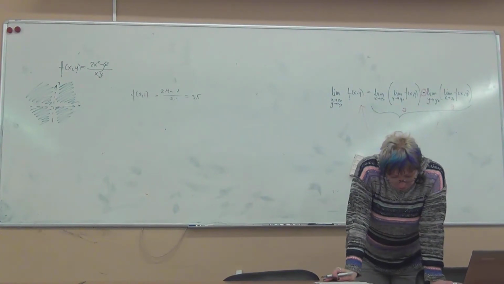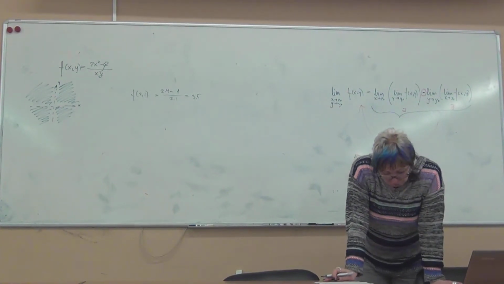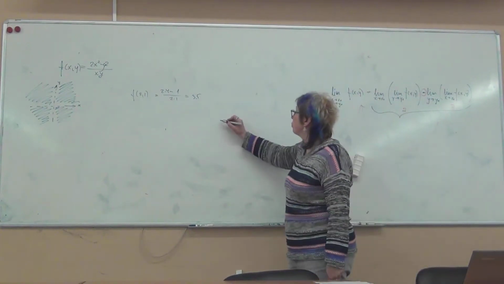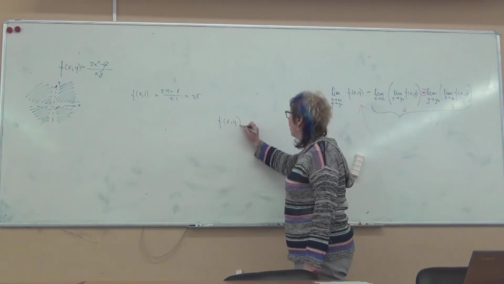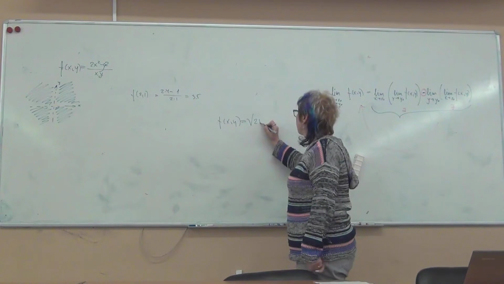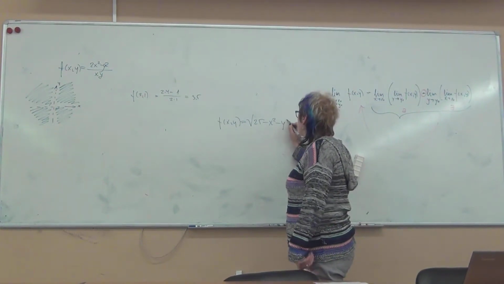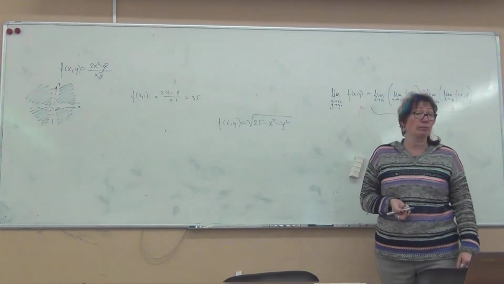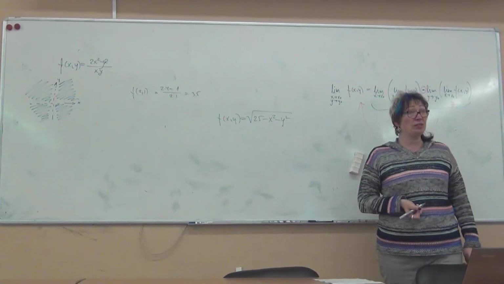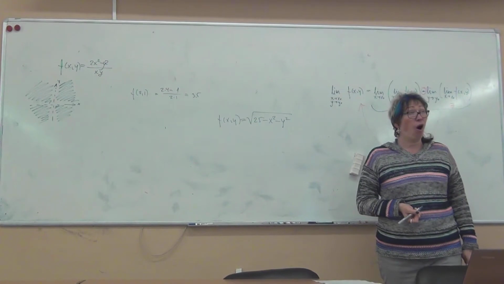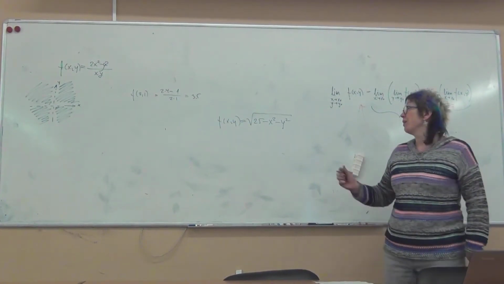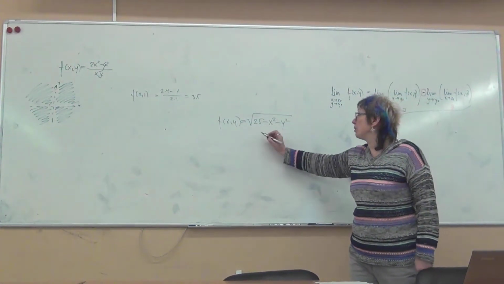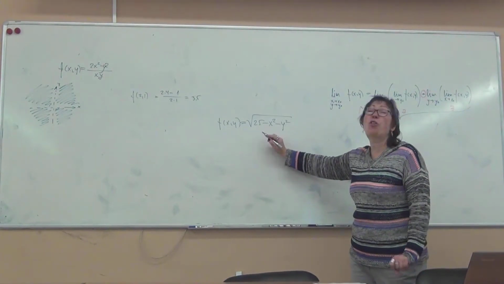Now, the next example, the domain of the function. So f of xy is the square root of 25 minus x squared minus y squared. How do we find the domain of this function? The square root exists only if the radicand is non-negative.